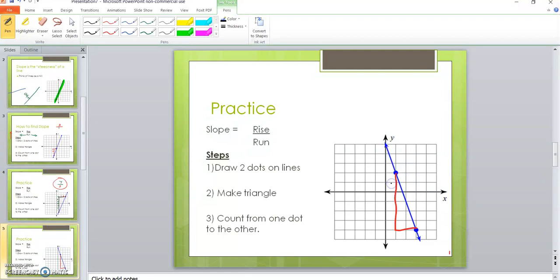We're going down 1, 2, 3, 4, 5, 6. So we've gone down 6. When we go down, we're going to put a little minus sign in front. That means to go down. So now we've gone down the 6, and now we're going to go over 1, 2. And that's our slope.